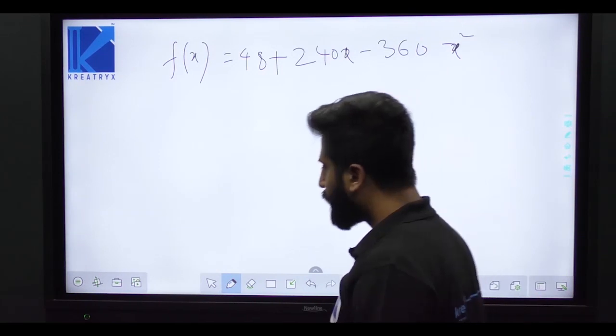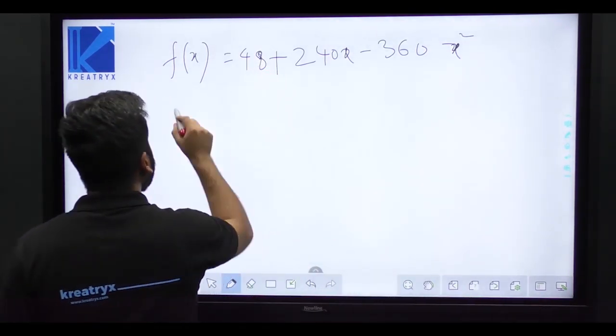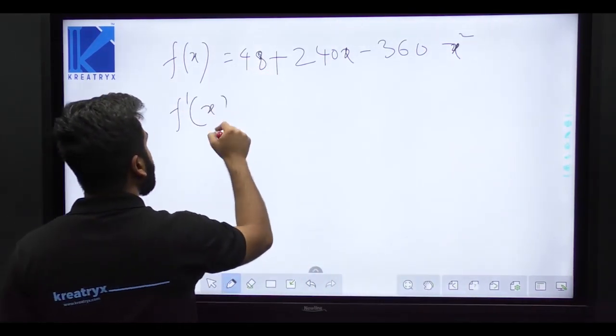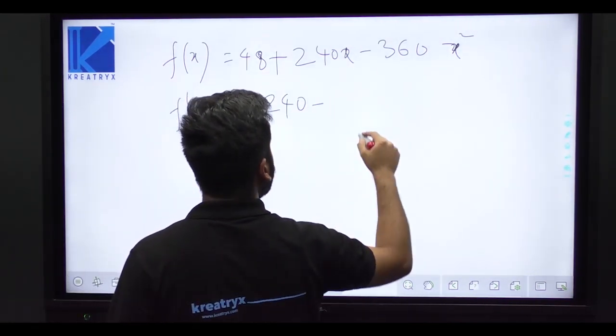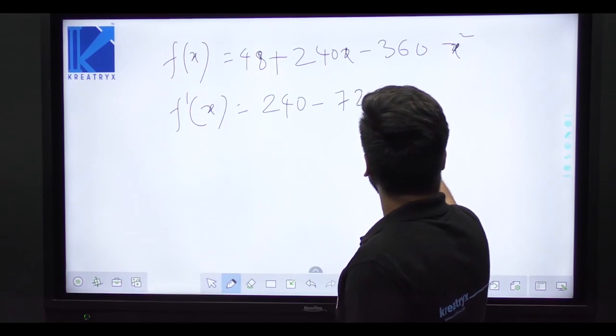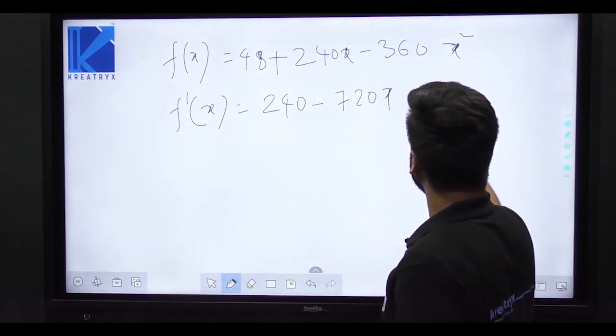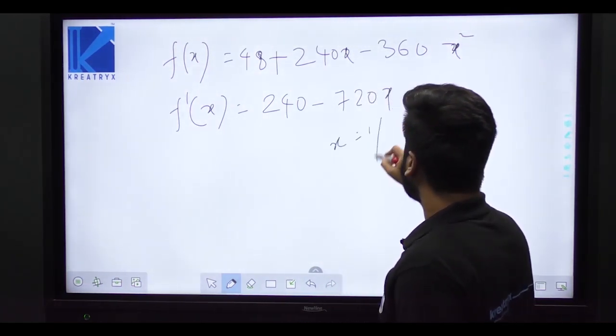Okay, so to find where it is maximum, we have to just differentiate it with respect to x. This will be 240 minus 720x, and put it equal to 0. x is equal to 1 by 3.